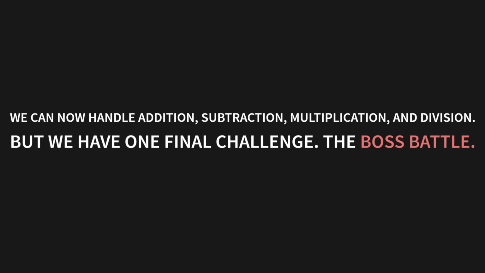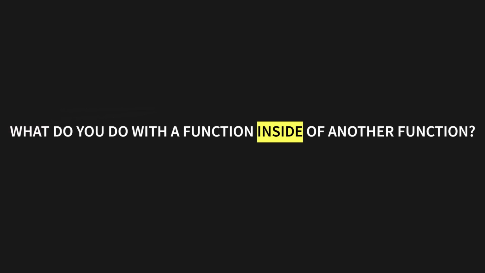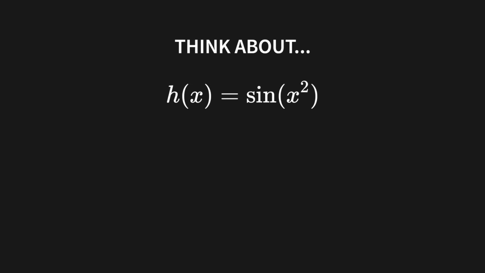We can now handle addition, subtraction, multiplication, and division. But we have one final challenge. The boss battle. What do you do with a function inside of another function? Think about h of x equals sine of x squared.